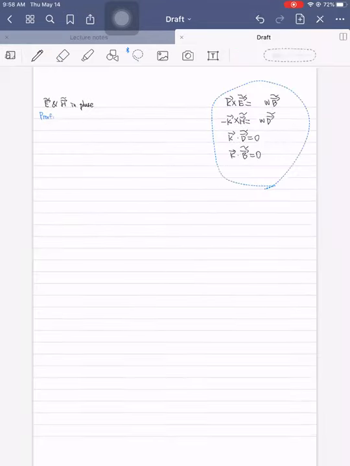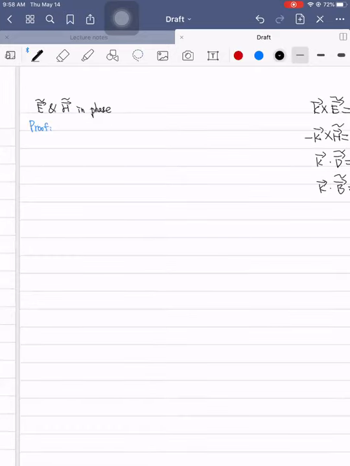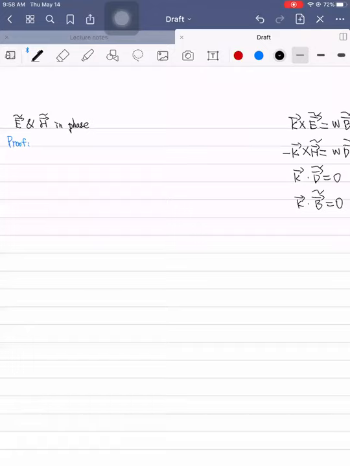Okay, this is what we got. So from the first equation, we got this, and using the constitutive relations, we get this.